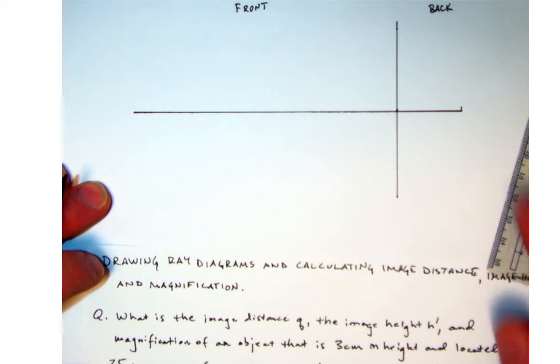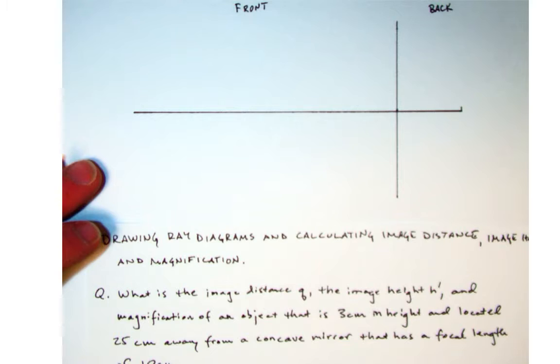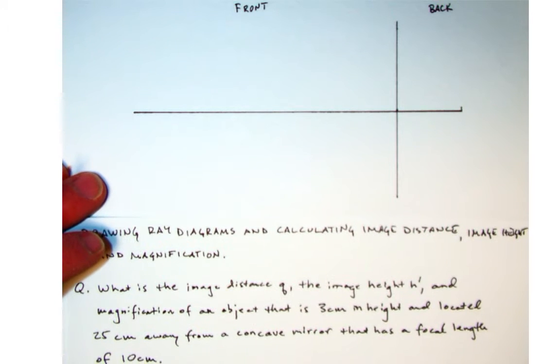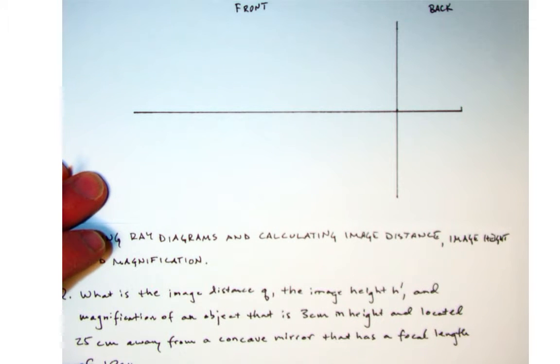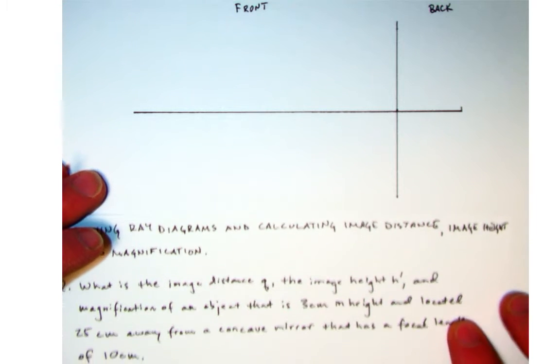Okay, so the next thing I need to put in is the focal point and the center of curvature. The focal point for this mirror is 10 centimeters.